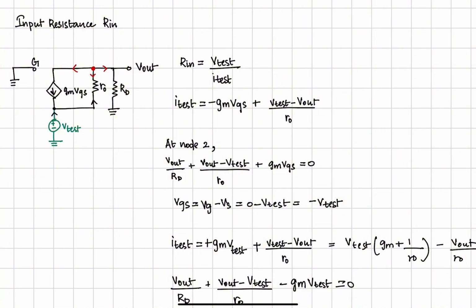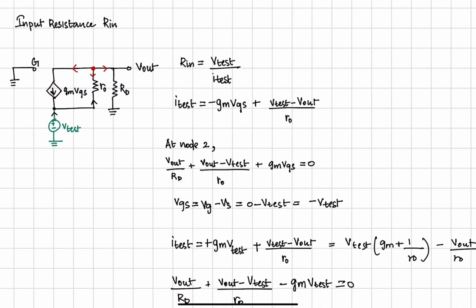Let's try to do KCL at this node. This was the first node that we calculated. This is node number 2. If we apply KCL here, we get V out divided by RD plus V out minus V test divided by RO plus gm VGS, which is the current in this branch, that is equal to 0.